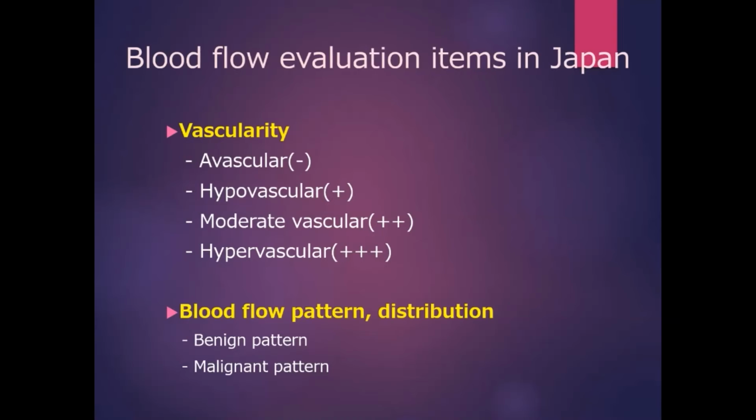On the other hand, vascularity is classified into 4 stages in the rule of Japan Association of Breast and Thyroid Sonology. Additionally, the blood flow pattern and its distribution are classified into 2 patterns of benign and malignant.